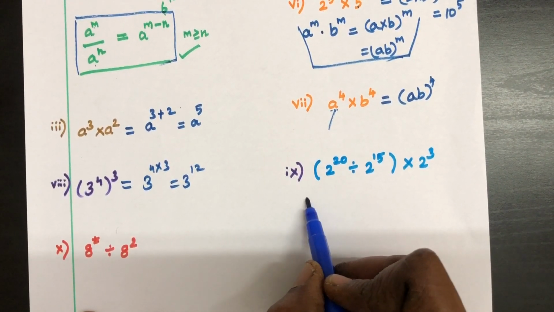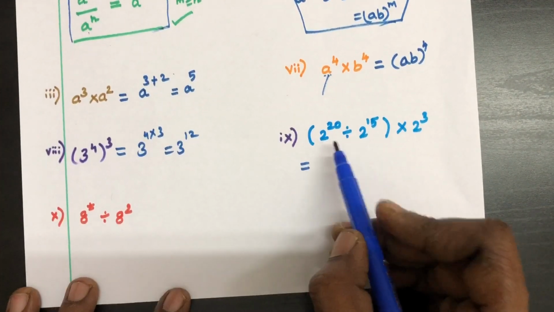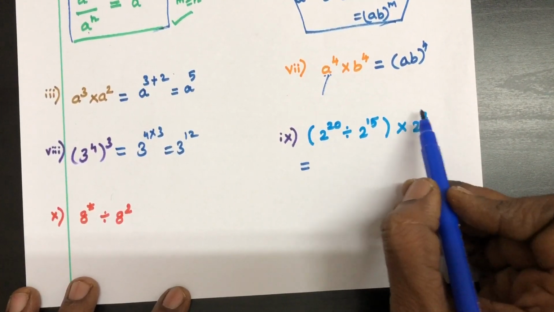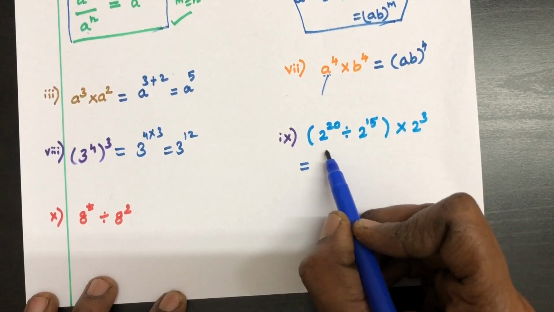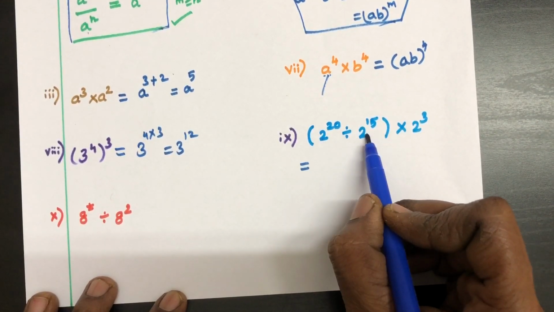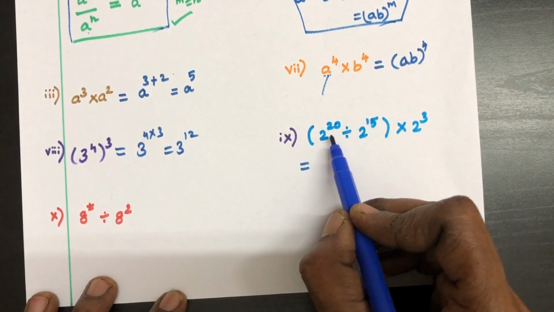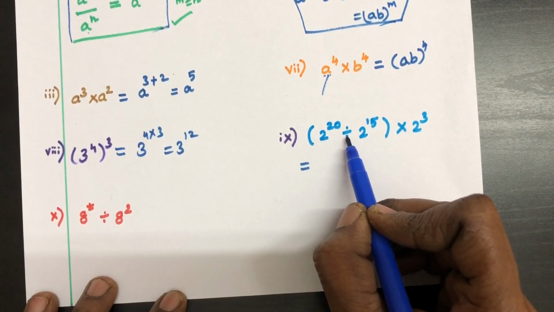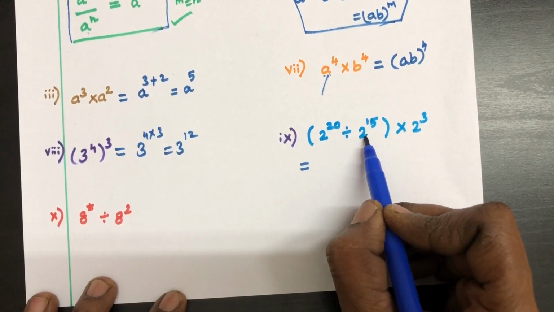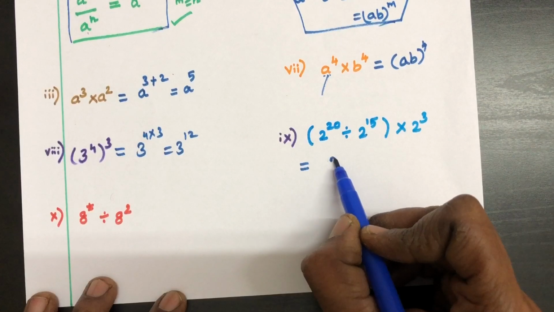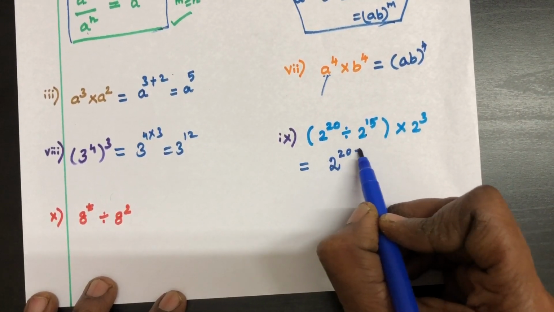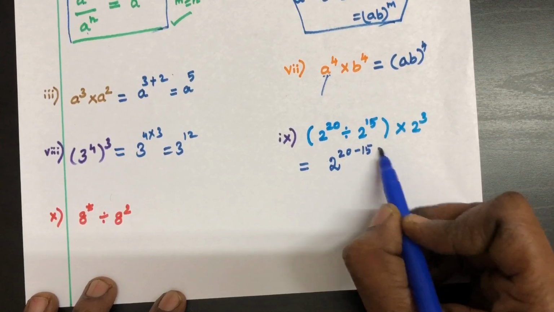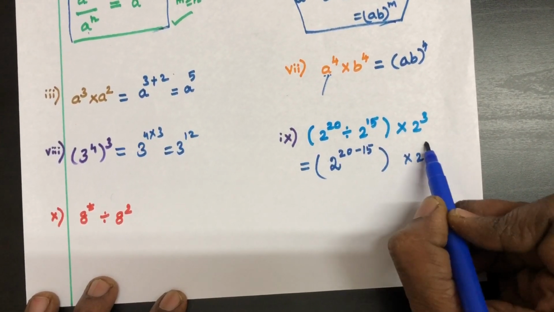Now, ninth question. How to do this? See, in a single question, we are using division and product also. Bases are equal, powers are different. If it is in division, if bases are equal and powers are different, what we need to do is subtract the powers: numerator power minus denominator power, into 2 cube.